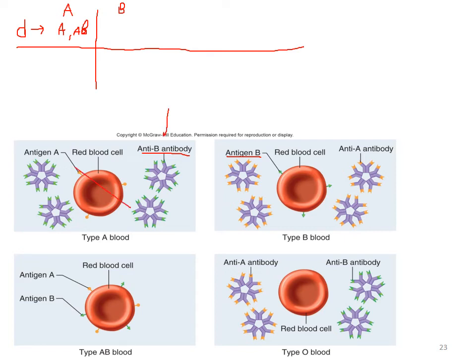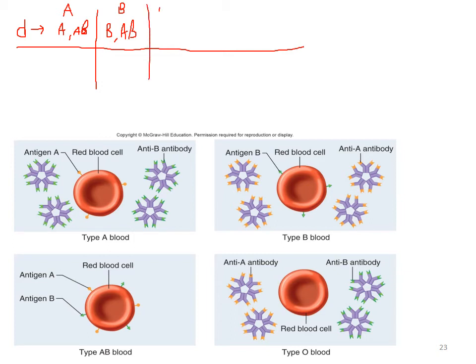I know B doesn't, so I can give it to B. I look at type AB, again, no antibodies, so I know I can give it to AB. And O has an anti-B antibody, so I can't give it to O. So if I am type B, I can donate my blood to B and AB.